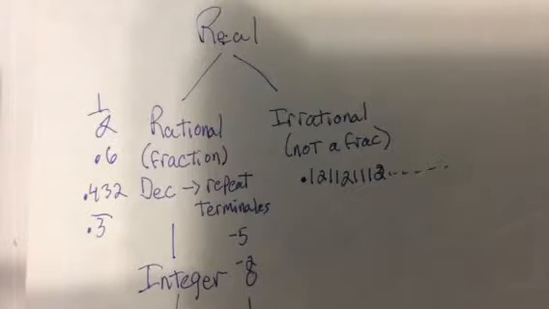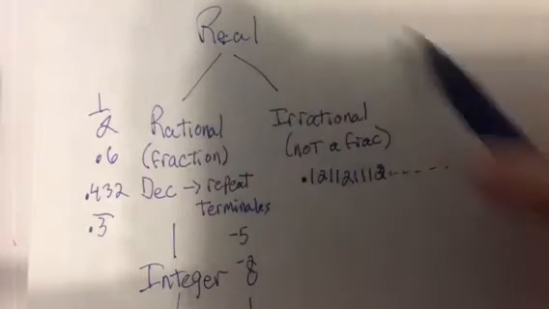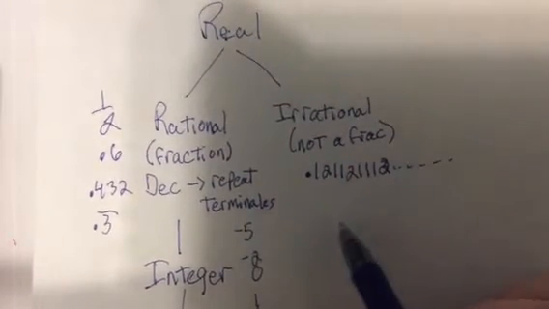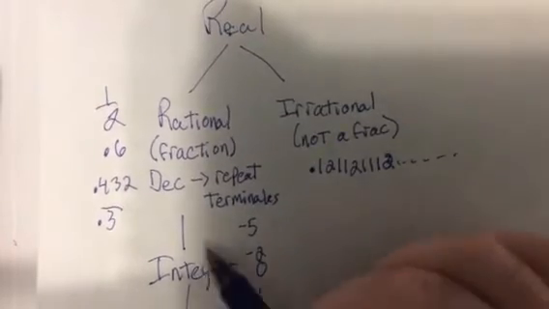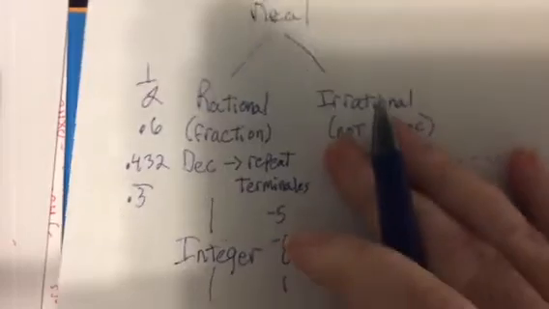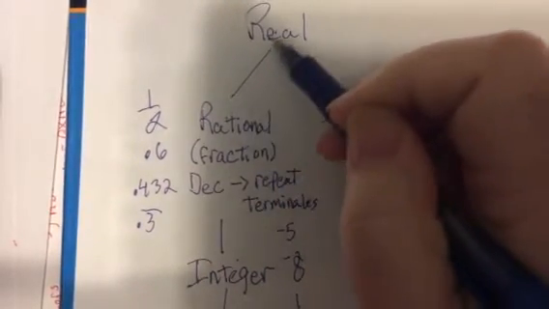So on a quiz, I might say, give me an example, one of those 4, or all 4. I might give you a number and you have to tell me what categories it fits in. So the number 1 would be an integer, a rational, and a real. The number 1/2 would be rational and real.